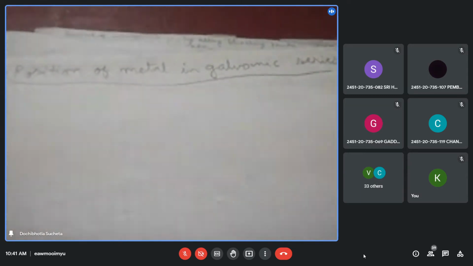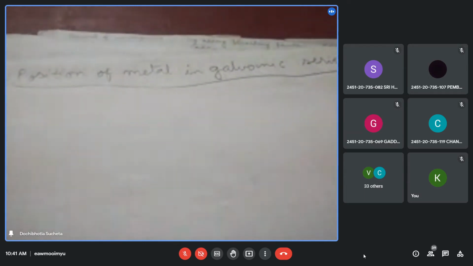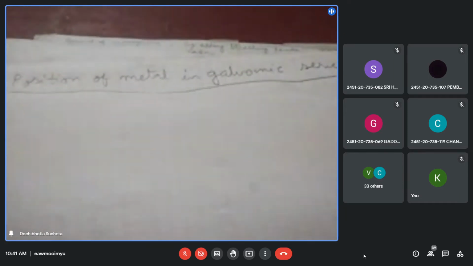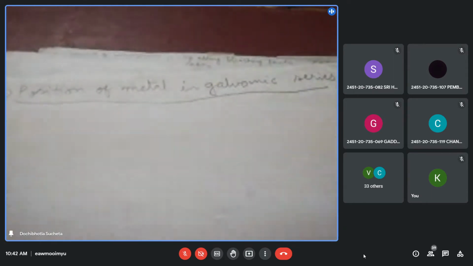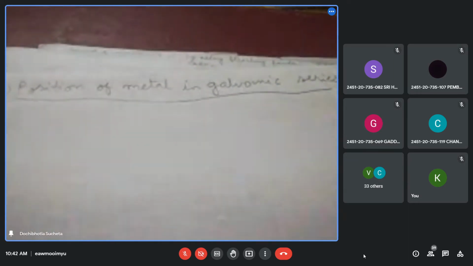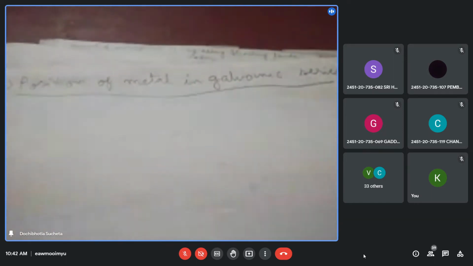They are not like gold, platinum, palladium, or silver, where the oxide film formed is unstable and the pure metal remains. But what will happen? The chromium oxide or the nickel oxides that are formed will form a thin sheet on the base metal and will stop corrosion, because the oxide film is stable and non-porous.